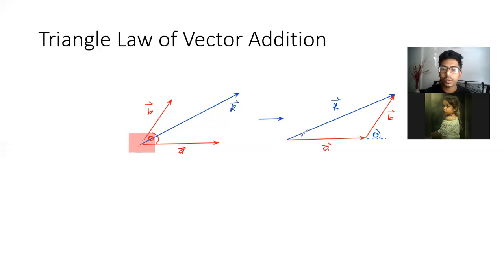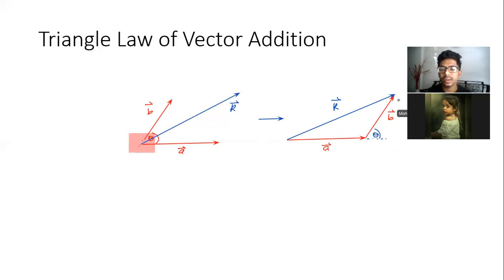Note the vectors in the same order: from here to here, and then from here to here, right? I take this vector from the point where the first one ends.